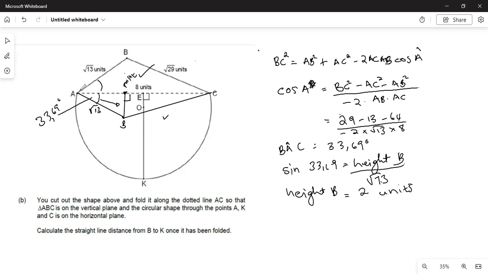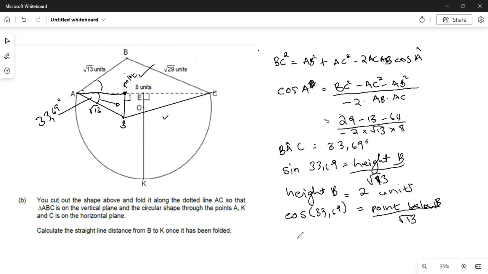We will also look from A to this point, what is the length of that? So cos of 33.69 will give us the length of the line below B, so below B and A, this line over here, over again the square root of 13.